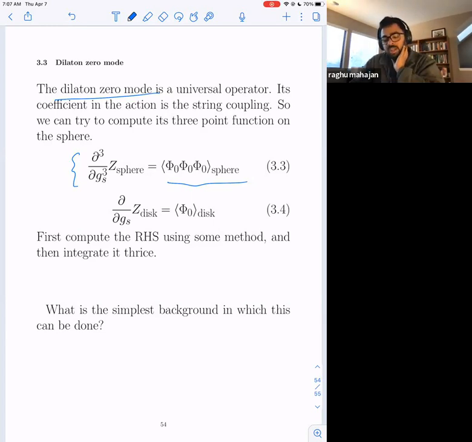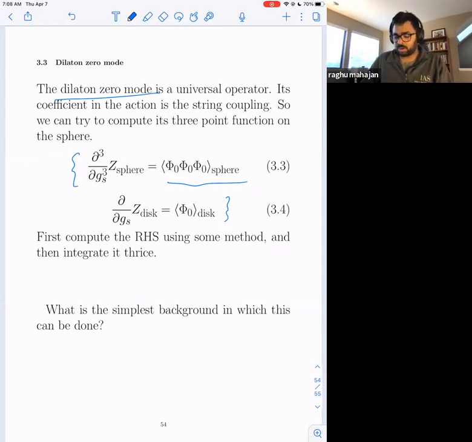So the idea might be to compute the right-hand side first, and then compute Z sphere by integrating that 3 times with respect to G string. These are just some words. I have not put them into practice. I don't know. It should work, especially the one with the disk, where you only need to take one derivative with respect to G string to get a bulk 1-point function. That should be an easier target.